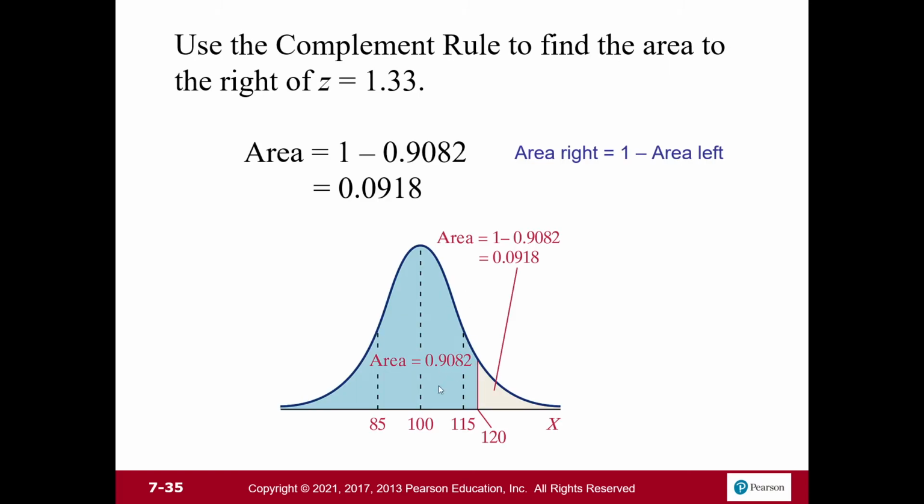So the area to the left is 0.9082, and there's a technique to get the area to the right. That's why they don't give you the area to the right. You have to find it on your own. If you have the area to the left, you can get the area to the right by subtracting from 1, and that's what they did. So the remaining portion is therefore 0.0918. That's the proportion, the probability of having a score higher than 120.